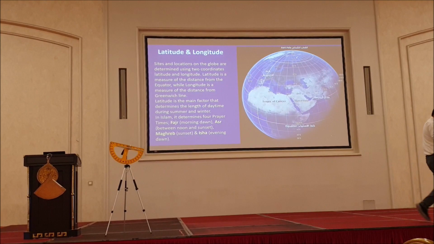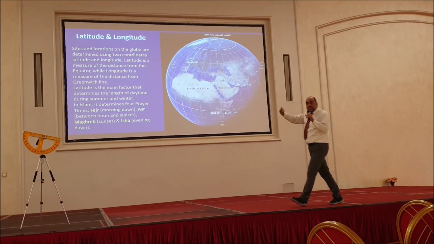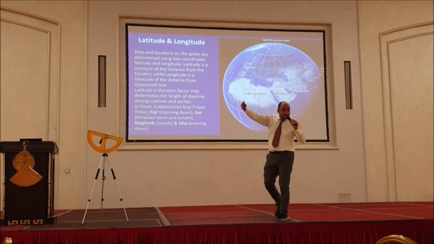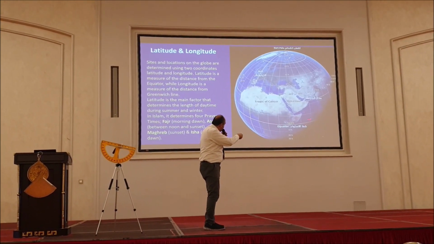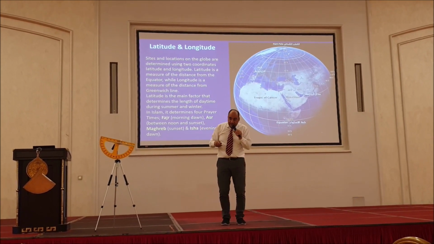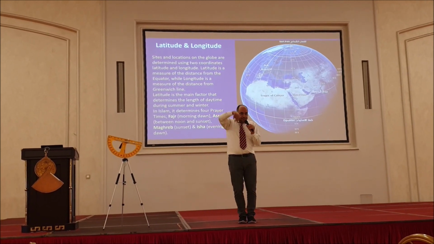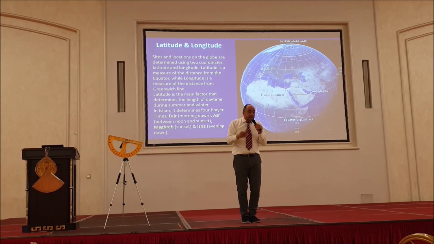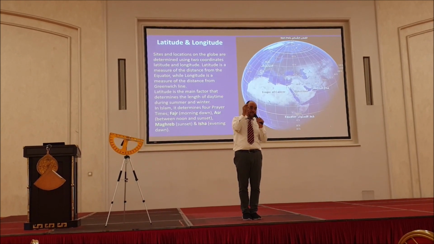The first equinox is the 21st of March. The second equinox is the 23rd of September. So on these two days, the sun is located almost above the equator. Almost above the equator means those people who live on the equator should see the sun exactly above their heads, in the zenith.